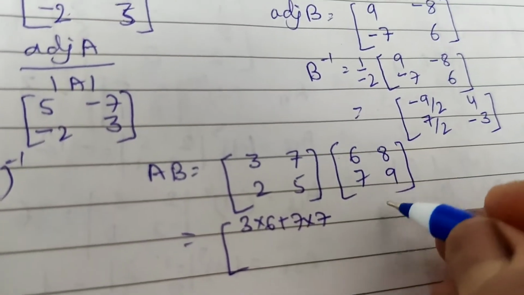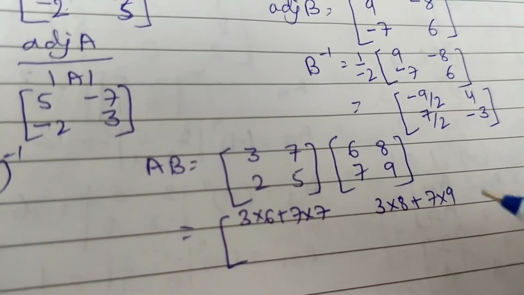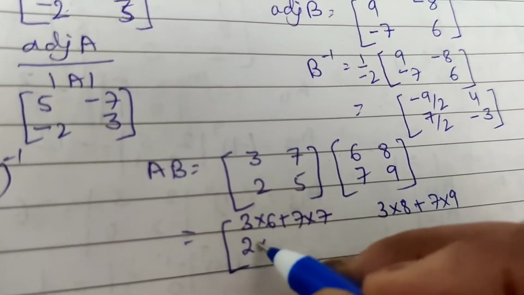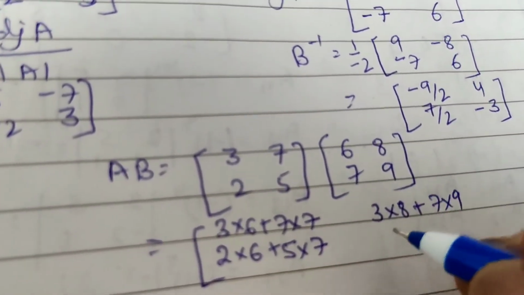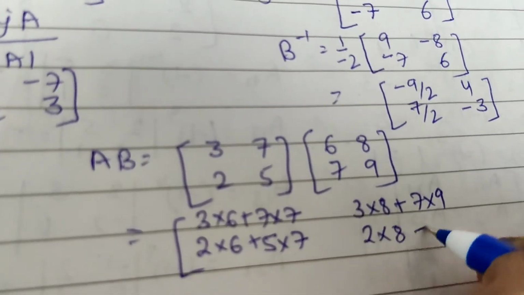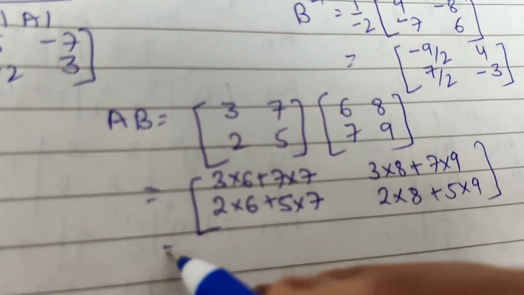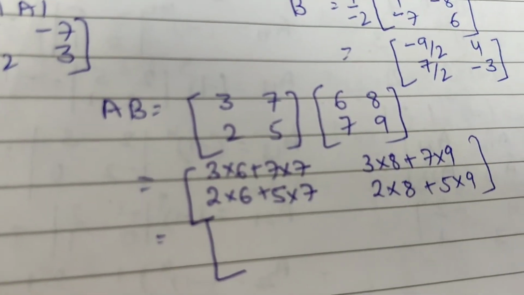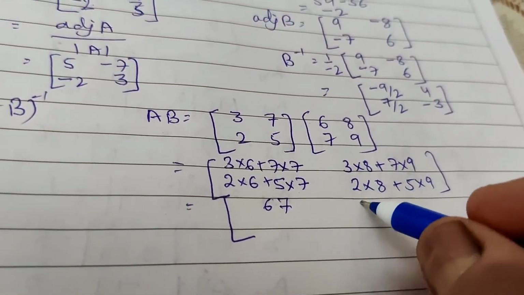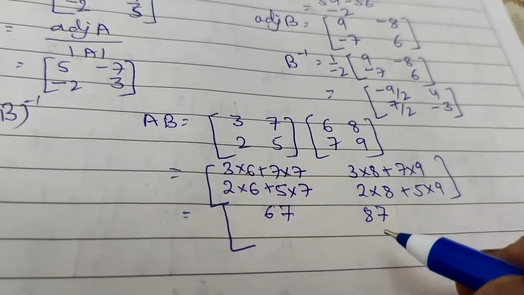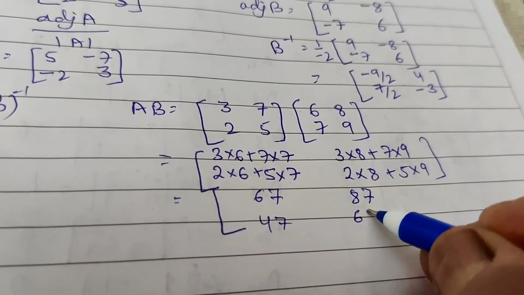Next 3 into 8 plus 7 into 9. 2 into 6 plus 5 into 7 and 2 into 8 plus 5 into 9. This will be equal to 67, 87, 47 and 61.